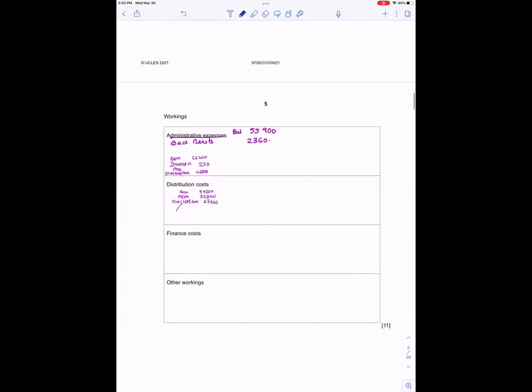So wages and salaries, one is getting 27,630 and one is getting 64,470.